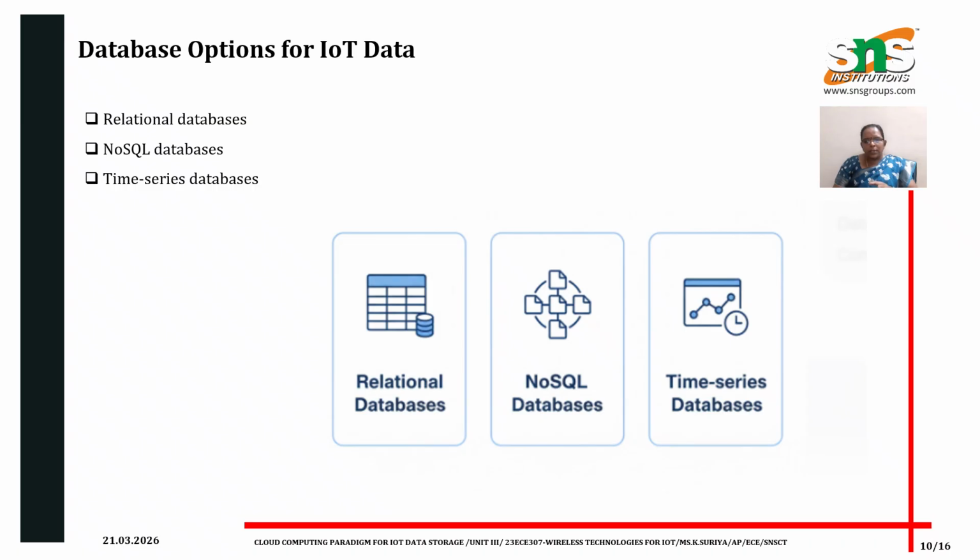NoSQL databases are more flexible and can handle semi-structured and unstructured data. So they are widely used in IoT applications due to their scalability. Time series databases are specifically designed for handling time-based data. So they are optimized for storing and querying data that changes over time.